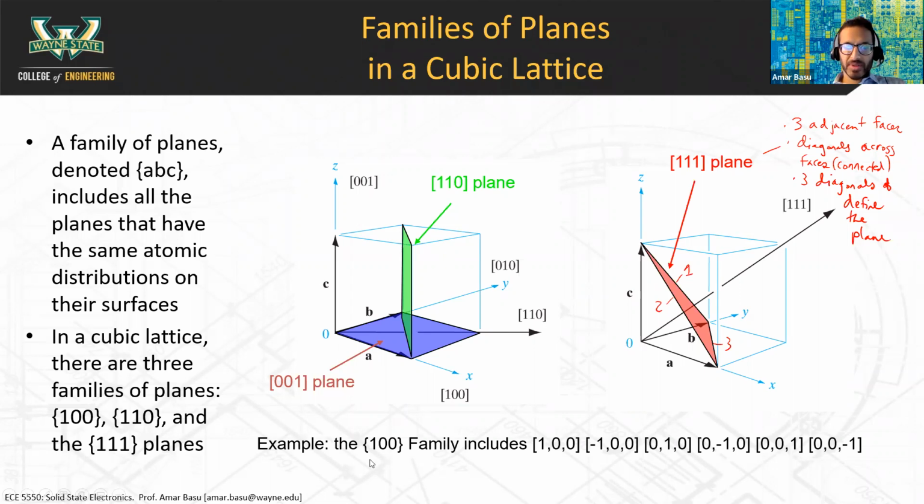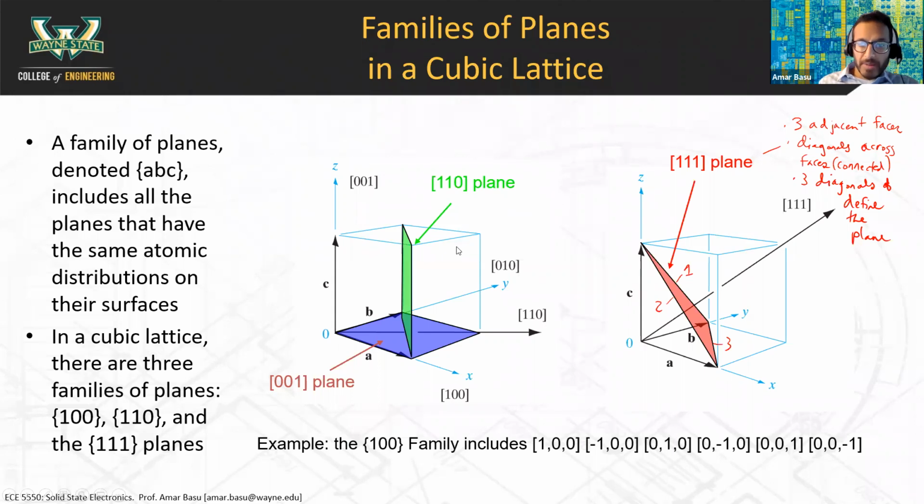This 100 family of planes includes the 100 plane, the -100 plane, the 010 plane, the 0-10 plane, all these different planes, 6 different planes. They have different Miller indices, as you can see here. We talked about Miller indices last time, and they're all basically equivalent to one another. So a plane in the 100 family of planes is something that's on the face of the cube.